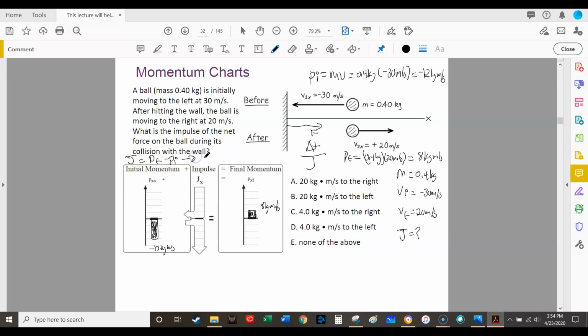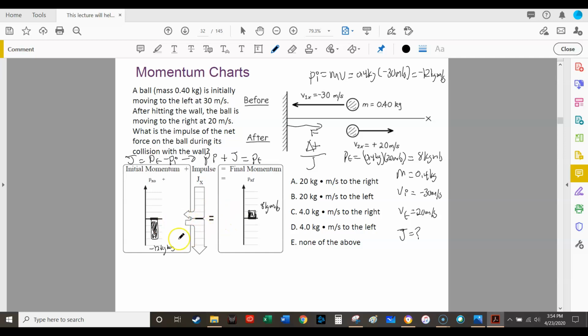And so what this represents is that the initial momentum plus the impulse is equal to the final momentum. So that's what this bar chart represents. What this is saying is the initial momentum plus the impulse should be equal to the final momentum. Okay?